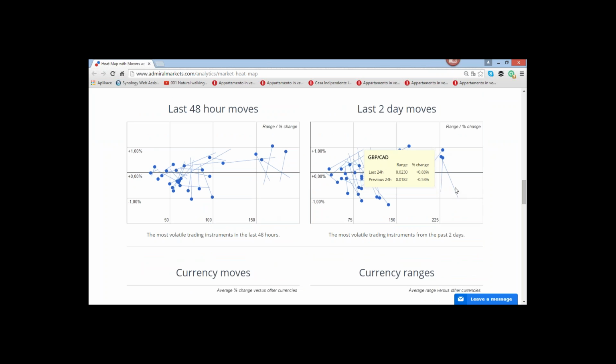Pound aussie is a funny one, going from negative all the way to positive with a lot of volatility. Pound New Zealand too, pound CAD, wow, really big ones. Almost too much volatility, in fact, almost.